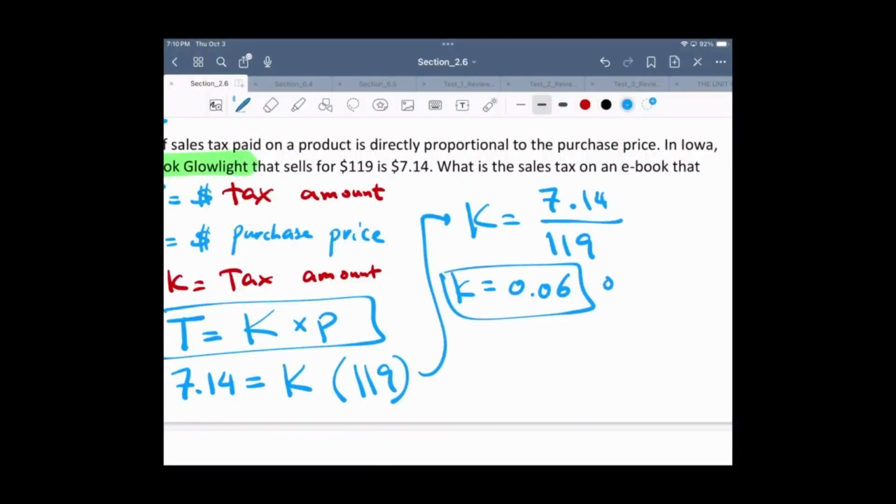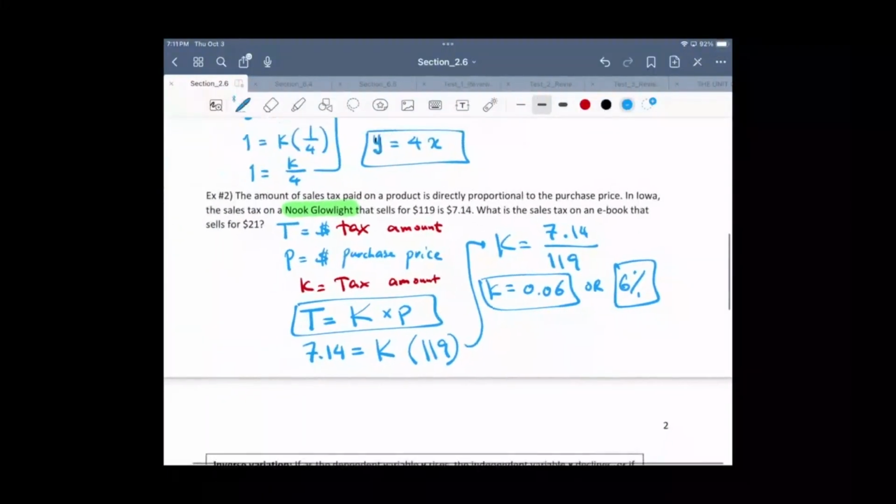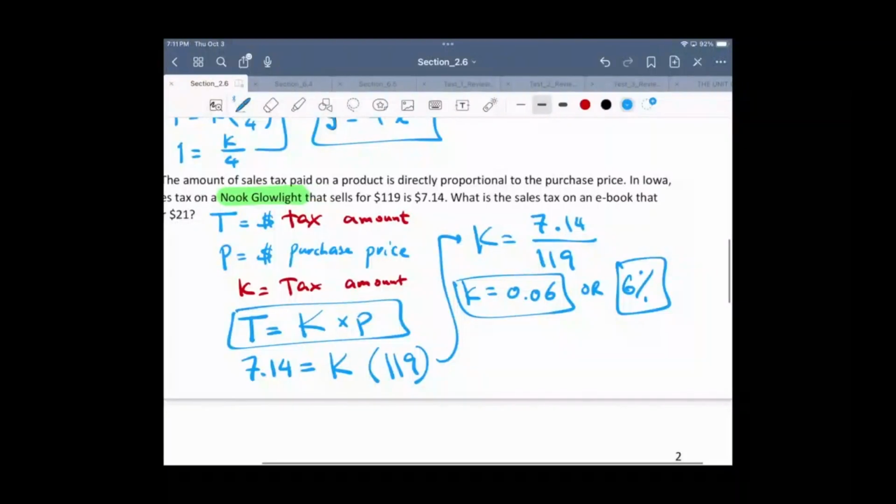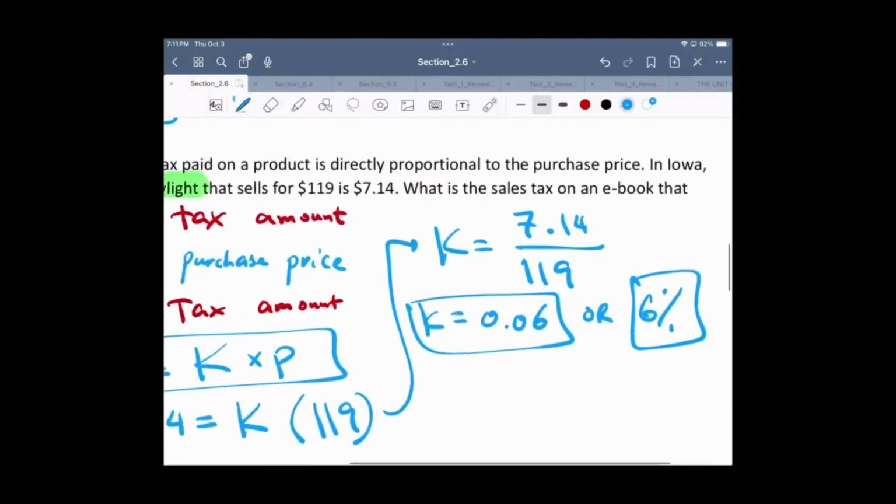So we can say either that or multiply this by 100, we get 6%. Either that or this, right? So now that we know the tax rate in the state of Iowa, it says, what is the sales tax on an ebook?